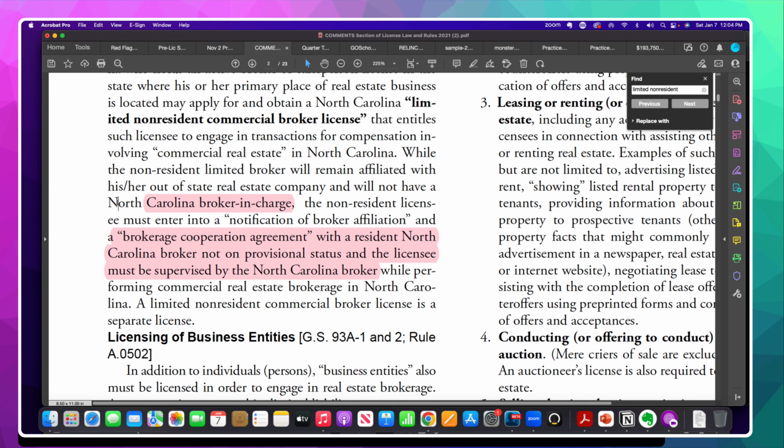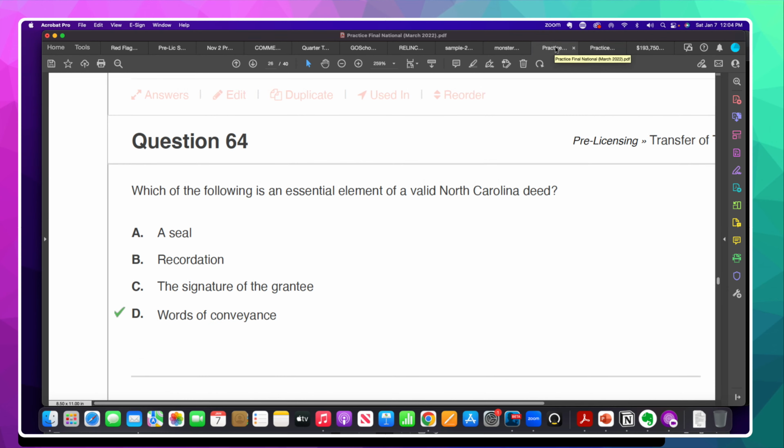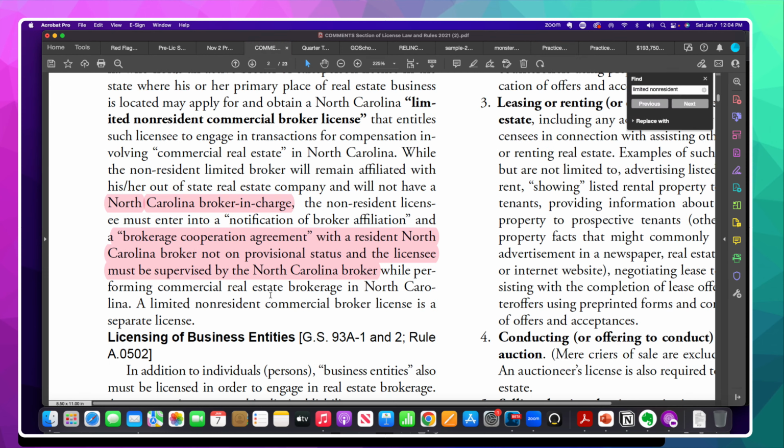They will not have a North Carolina broker in charge. That's why that one is. Right. Exactly. And that broker of the commercial North Carolina firm that they're affiliated under for this purpose, they have a BIC, but there doesn't have to be a BIC for this out-of-state person.